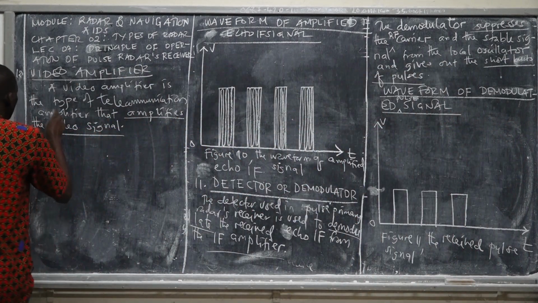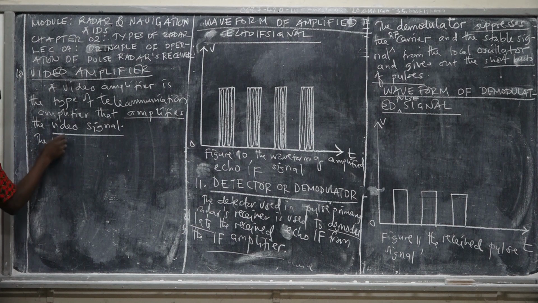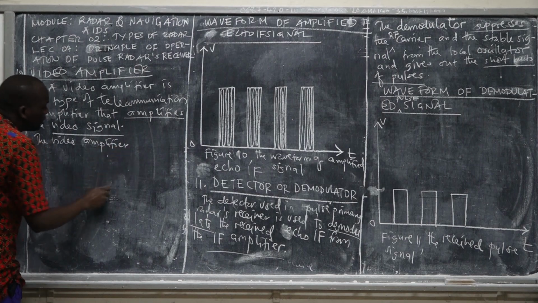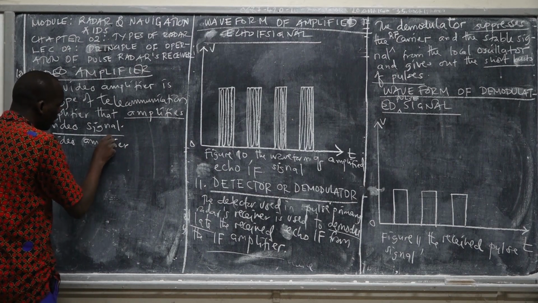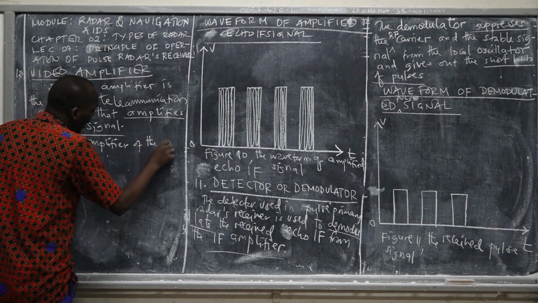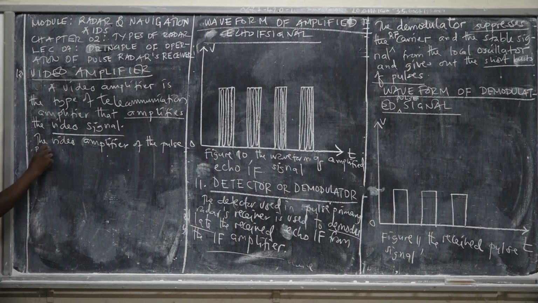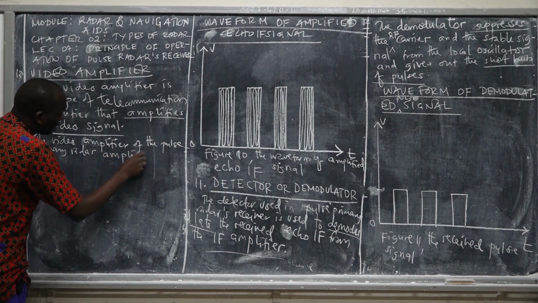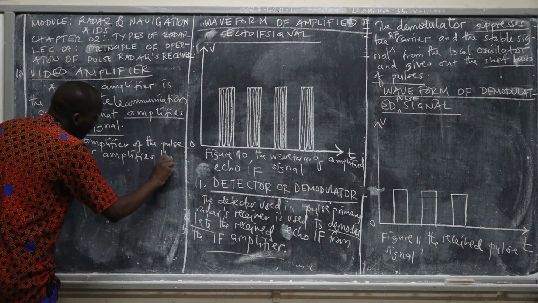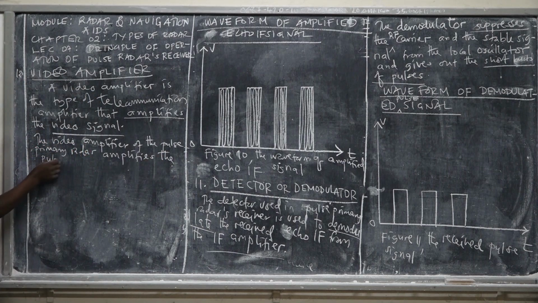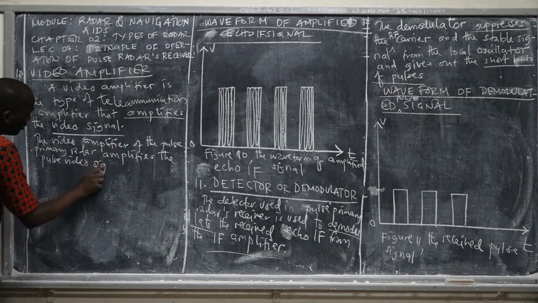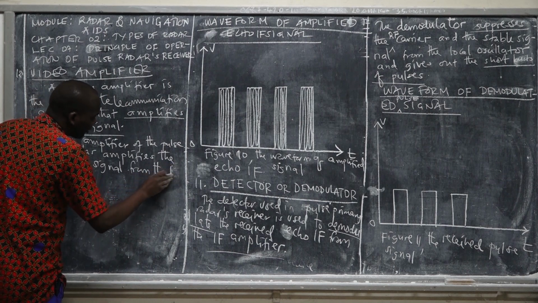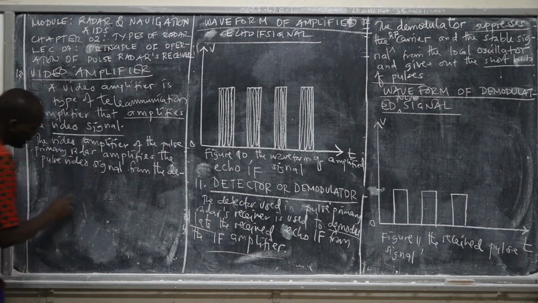So where does it get the video signal? The video amplifier of the pulse primary radar amplifies the pulse video signal from the demodulator.